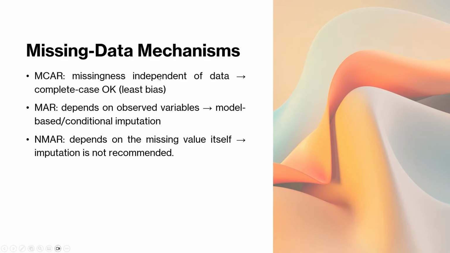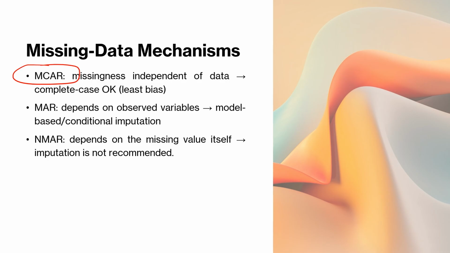So you have a missing data mechanism, and you have, for example, the missing completely at random mechanism, which is MCAR. And here we refer to missingness being independent of data. In fact, this is the kind of missing mechanism that we would rather have, missing completely at random.